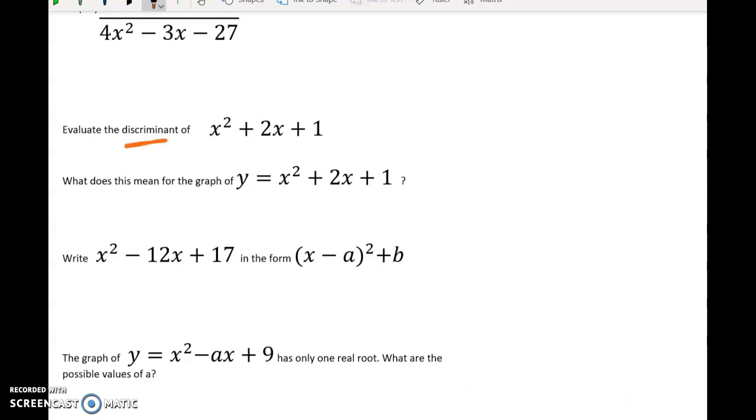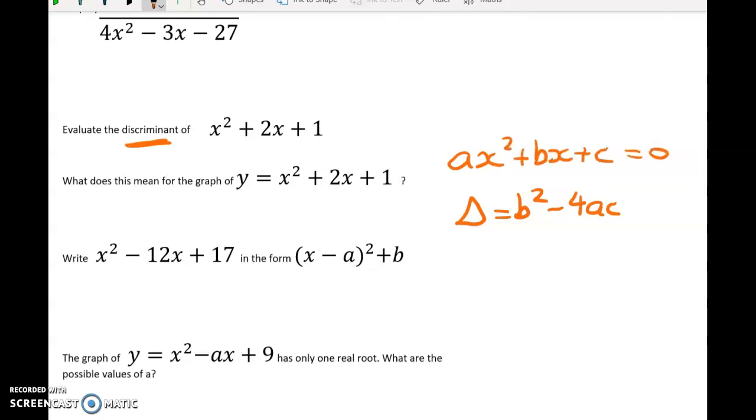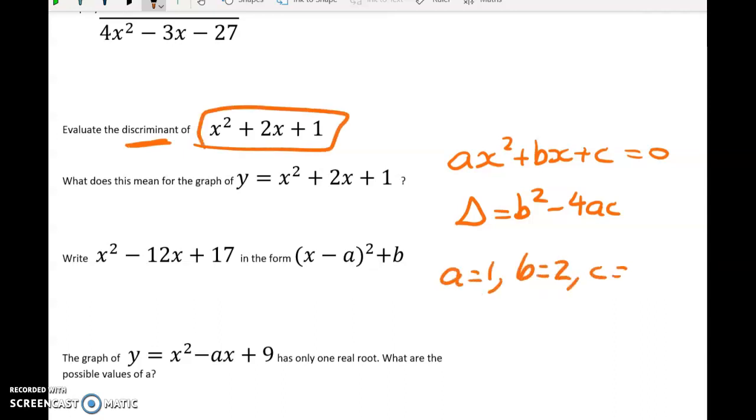So remember the discriminant, we write like this, and that's b squared minus 4ac. And the a, b, and c come from this expanded form of the quadratic. So usually we're trying to solve an equation like that. And the discriminant for this one, we're going to have a is 1, b is 2, and c is 1.